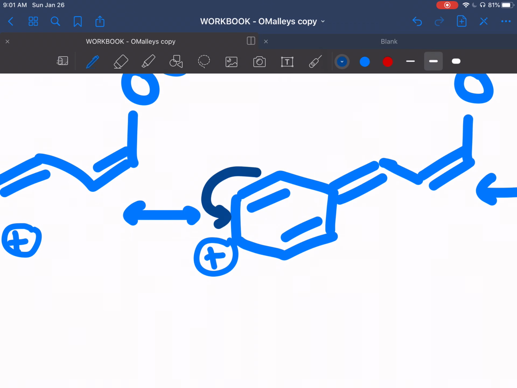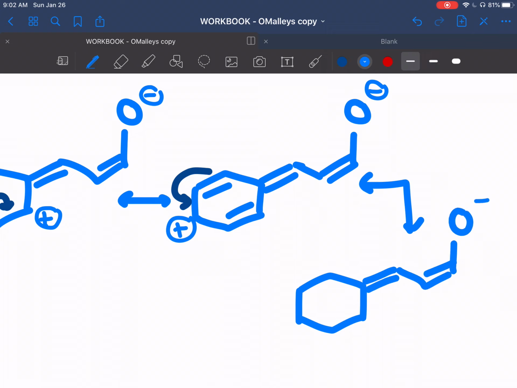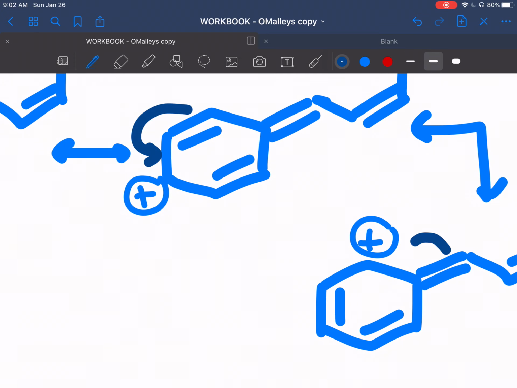I can work that cation around once more yet again. Snake it down here now. I always start by just copying what hasn't changed yet. And I go back and look at what has changed. Now this pi bond is down here, so I will fill it in. And as a result, the plus charge is on the top carbon there. I can even go once more and put that pi bond back into the ring.